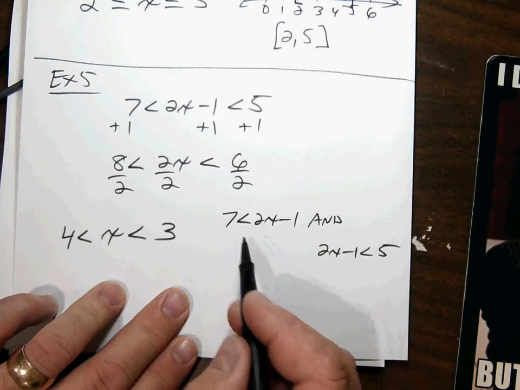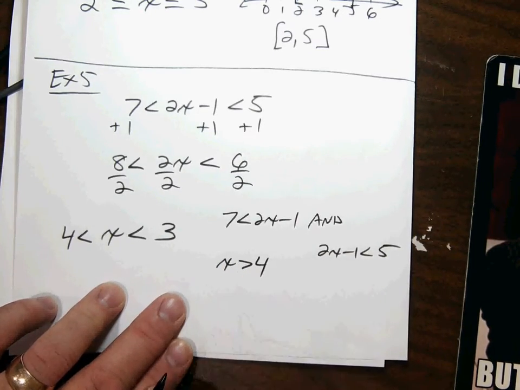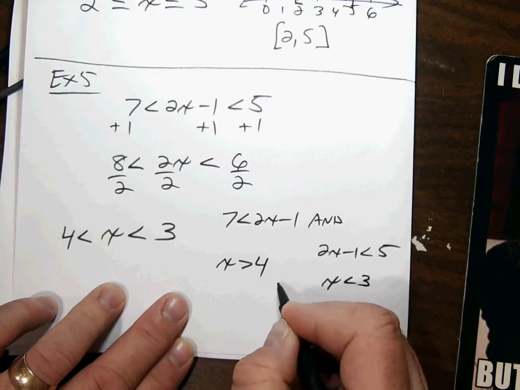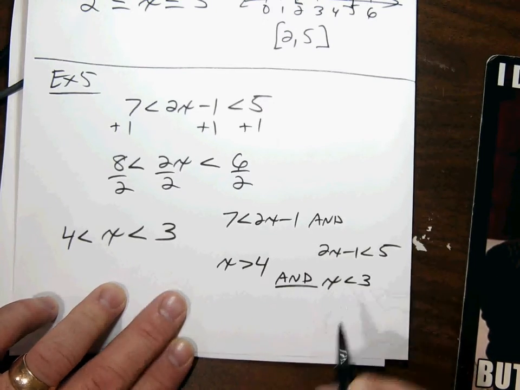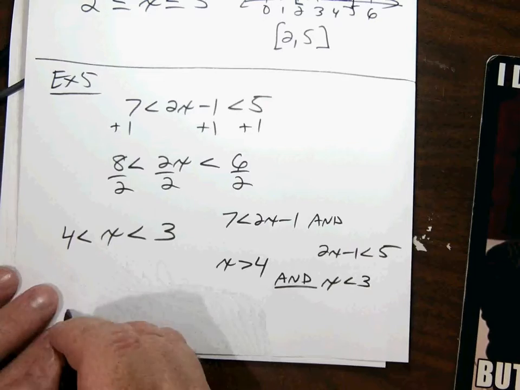And when I solved this one, what did I get? I got x is greater than 4, if I turn it around so I can look at it and read it that way. And what did I get here? I got x is less than 3, and I have this word and in between. X is greater than 4 and less than 3 at the same time. That can't happen, right? So when we get something like this that can't happen, there's no solution.